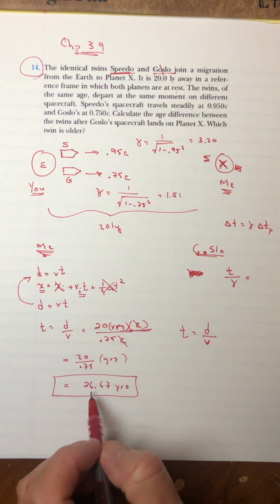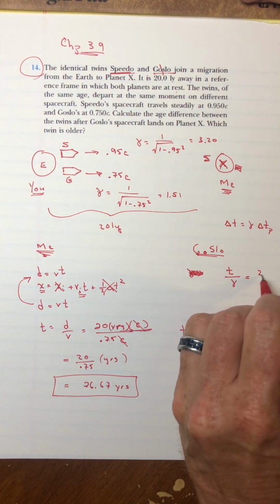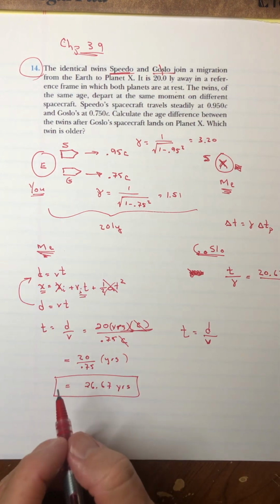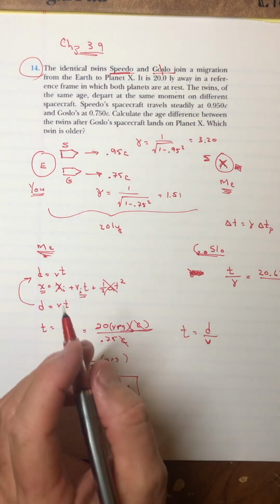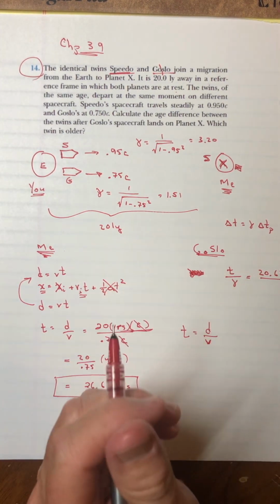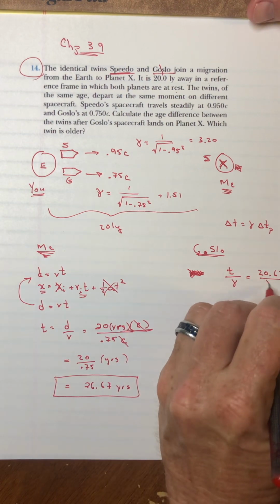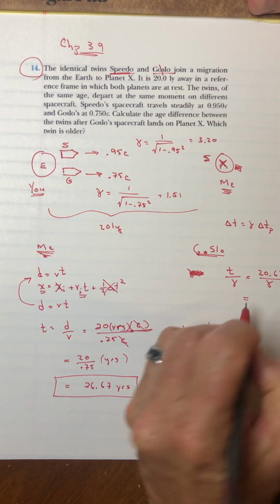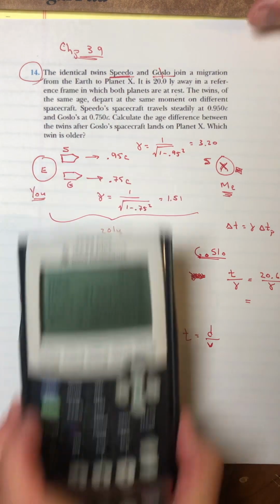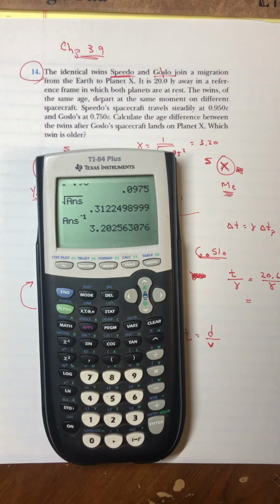So this problem would say that the Go Slow clock, from my perspective, ultimately is going to be on planet X. This clock that is sitting on planet X has been reduced by this factor of 1.51.